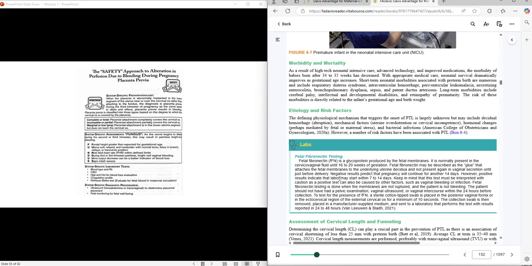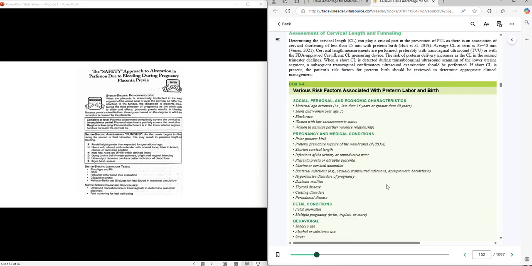A positive result can indicate that labor may start. So this is just like showing the glue that holds the pregnancy together. If it comes back positive, that means that there's not enough of that substance, the glycoprotein, to keep her pregnant. So we always want this to be negative. Make sure you read through that.